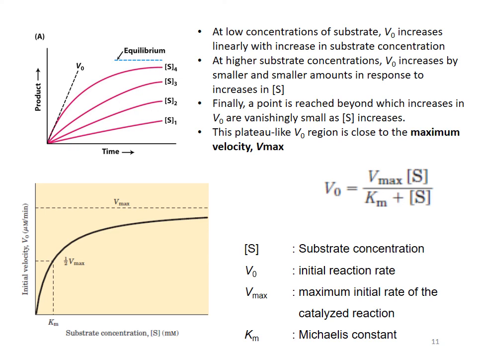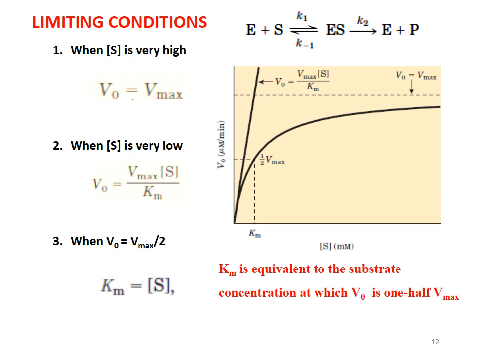From this graph we obtained the Michaelis-Menten equation, that is V0 is equal to Vmax times substrate concentration divided by Km plus substrate concentration, where V0 is the initial rate, Vmax is the maximum rate and Km is the Michaelis-Menten constant. When the substrate concentration is very high, V0 will be equal to Vmax, and when the substrate concentration is very low, V0 will be equal to Vmax times S divided by Km.